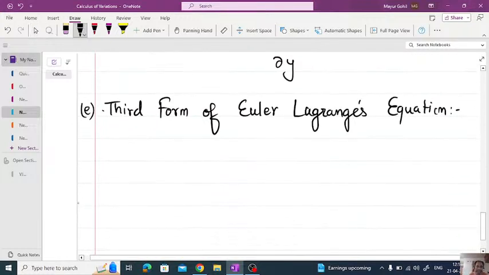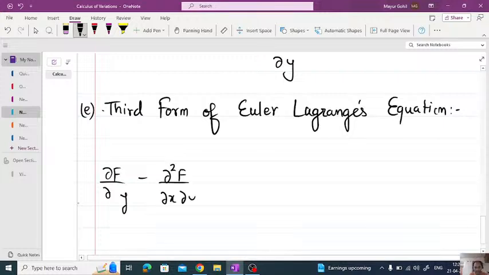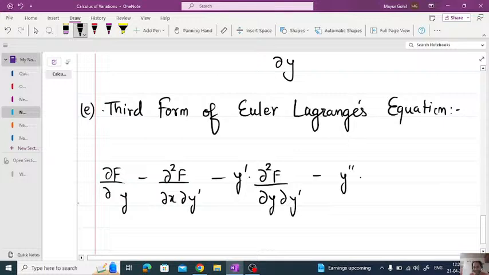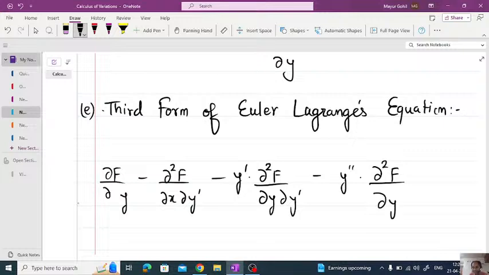It is here in this way: del f by del y minus del square f by del x del y dash minus y dash into del square f by del y del y dash minus y double dash into del square f by del y dash square equals to 0. This is how it is.